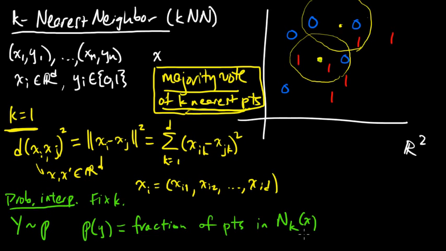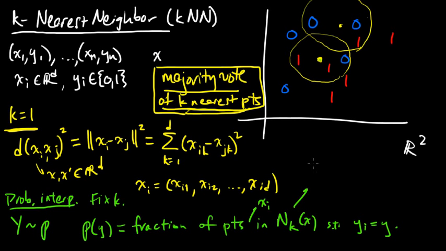The fraction of points x_i such that y_i, the corresponding y for that x_i, takes the value y. So it's the fraction of nearest neighbors whose label is y. Their class is y.